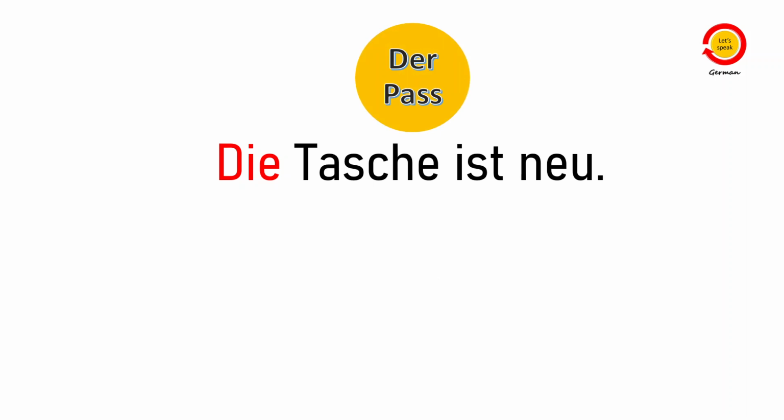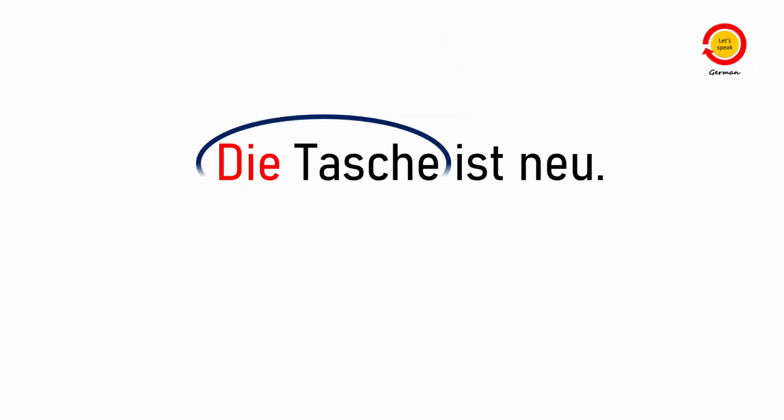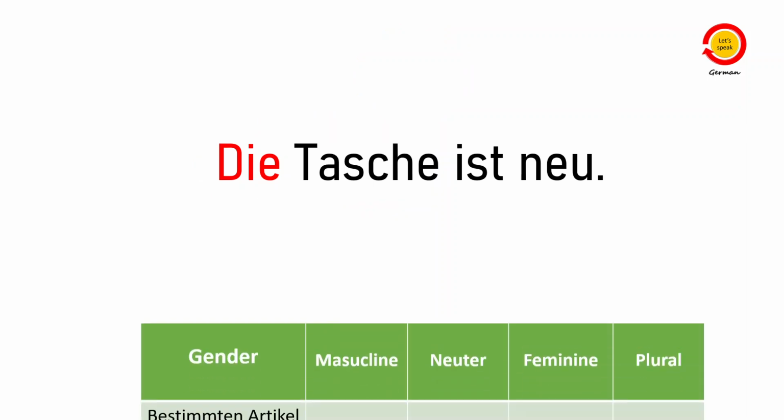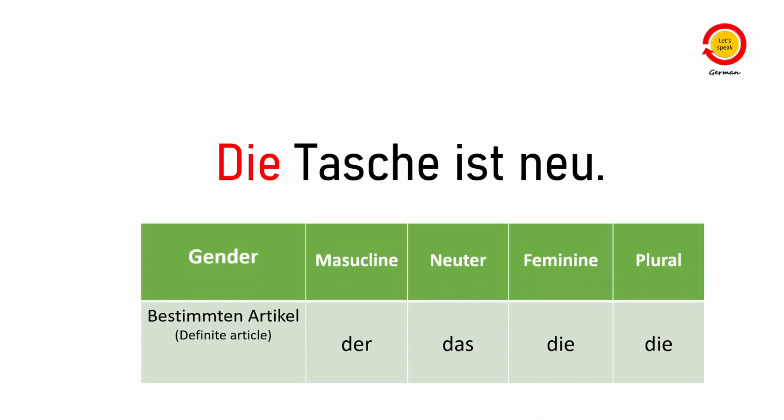That is why it is very important to learn German nouns along with their genders. So here, who or what is new? Die Tasche ist neu. Therefore, from the table, a nominative feminine noun takes die as its article.